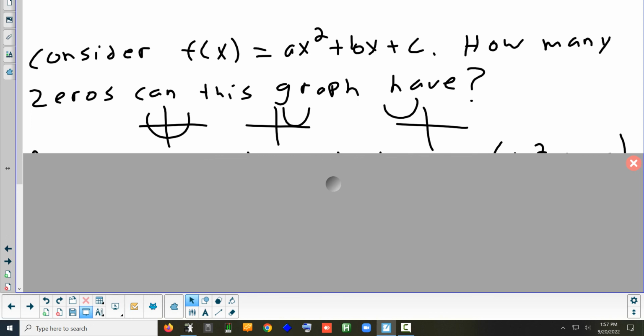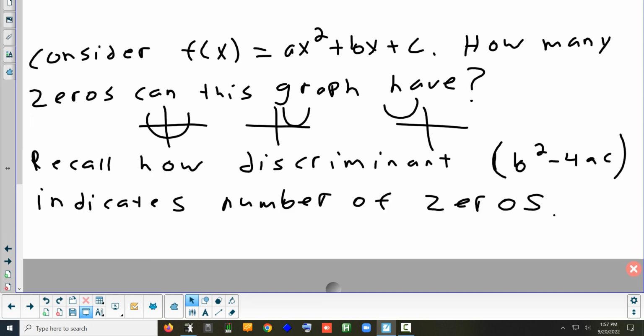So remember from yesterday how we can use the discriminant, that's what this thing is called, the b squared minus 4ac, to figure that out. If b squared minus 4ac comes out positive, how many times does it cross? Yep. Twice.